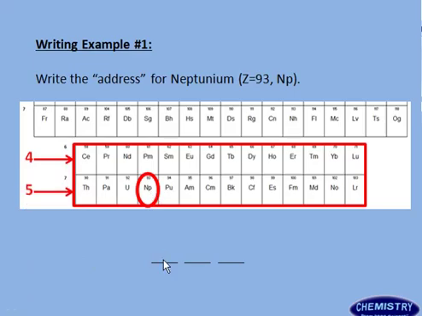So the principal energy level for Neptunium is 5. And we've already mentioned the block is the F block, and the position number is, counting 1, 2, 3, 4, position number 4. So the address for Neptunium, the last term in Neptunium's ground state electron configuration, is 5F4.